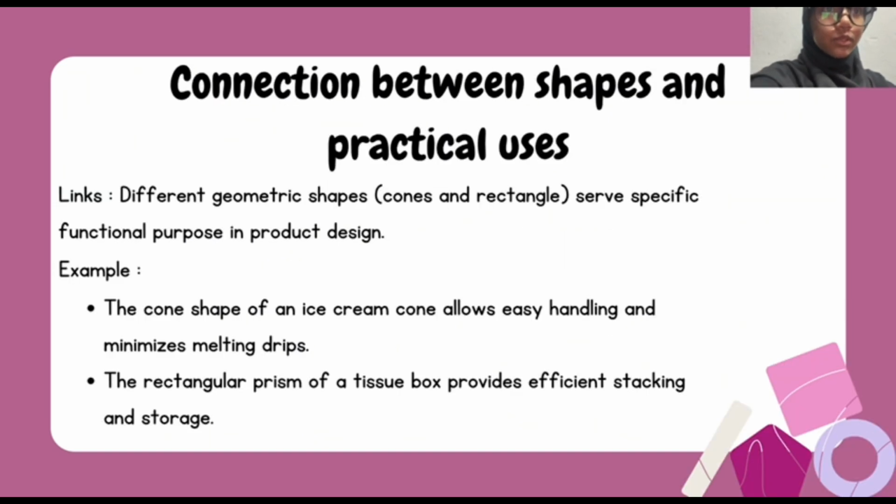The connection between shapes and practical use: different geometric shapes, cones and rectangles, serve specific functional purposes in product design. For example, the cone shape of an ice cream cone allows easy handling and minimizes melting drips. And the rectangular prism of a tissue box provides efficient stacking and storage.